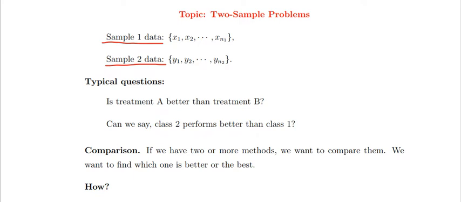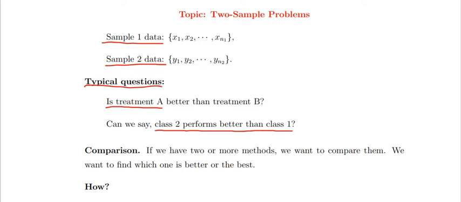The typical question is: is this method, this treatment, better than the other treatment? Or is treatment A better than treatment B? Or if we have two classes, can we say this class performs better than the other class?